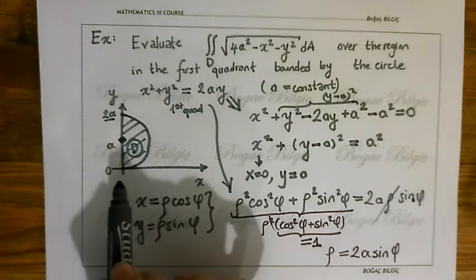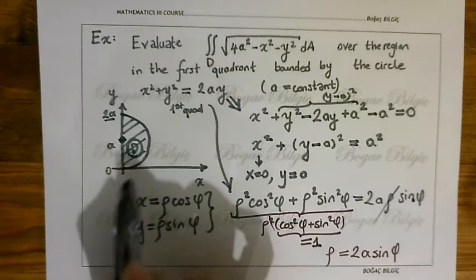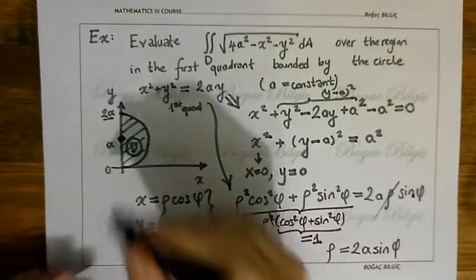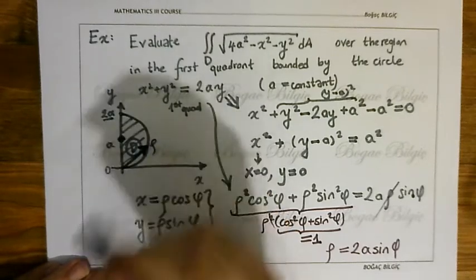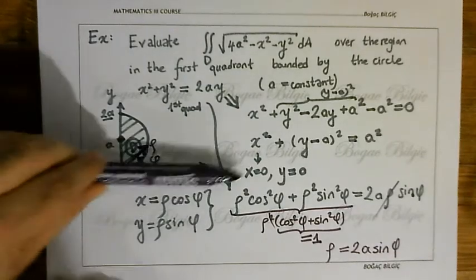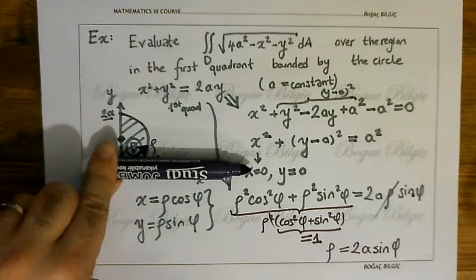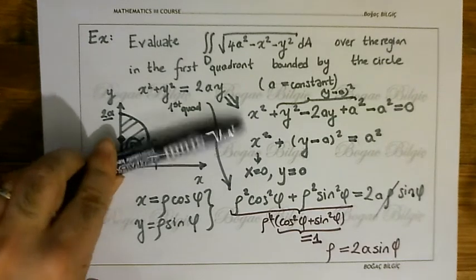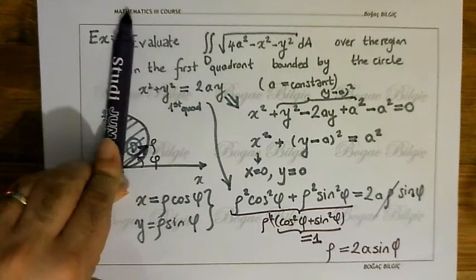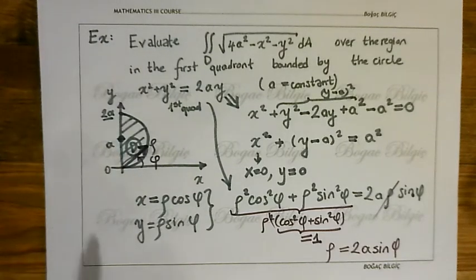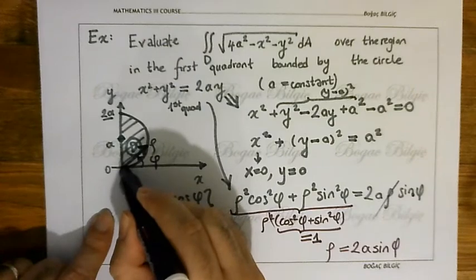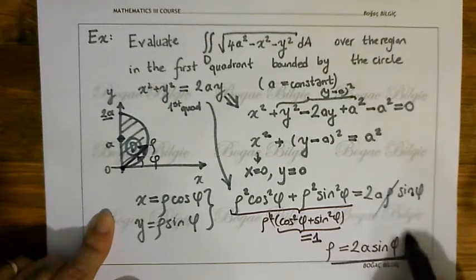Now the semicircular region D, this is ρ and φ. φ is from 0 to π/2, 90 degrees, and ρ is from 0 to this equation.